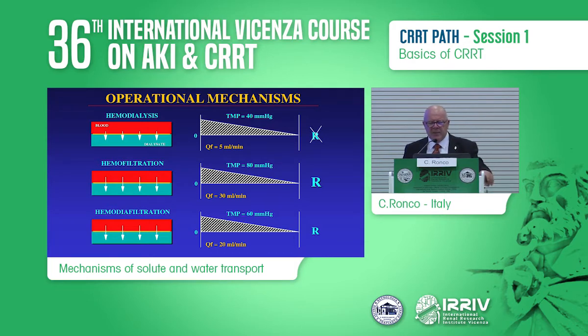The three mechanisms operate in different ways depending on the transmembrane pressure. Just to remind you that in hemofiltration and hemodiafiltration, because the ultrafiltration exceeds the amount of fluid you need to remove in the patient, you need to apply some kind of replacement solution.